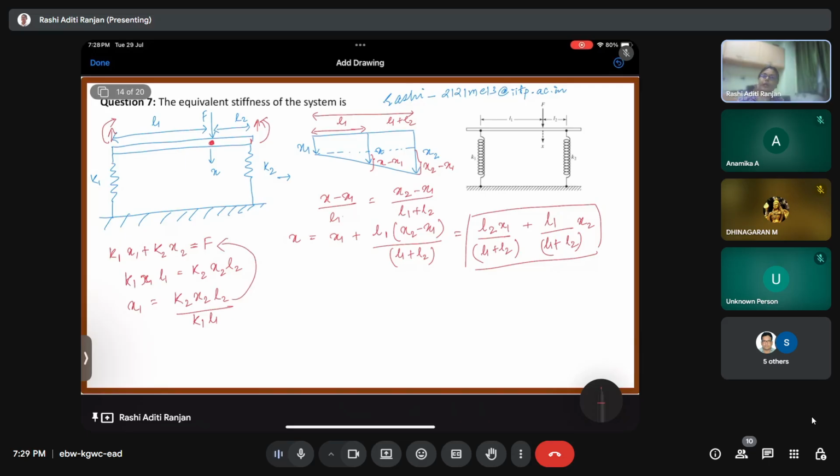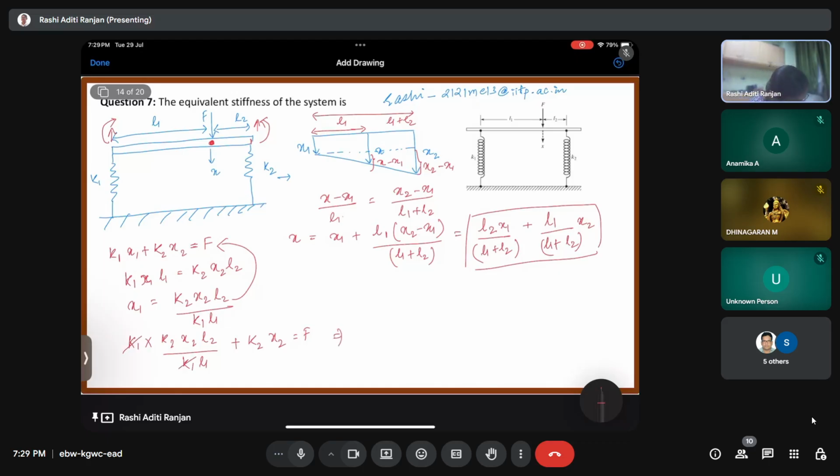So what we are going to get from that? We are going to get k1 into k2 x2 L2 by k1 L1 plus k2 x2 is equal to F, right? K1 will get cancelled.